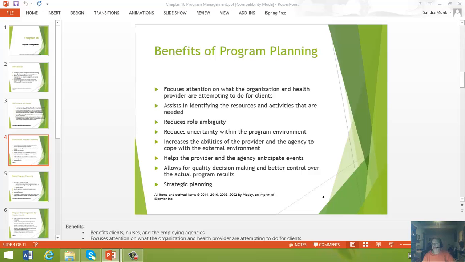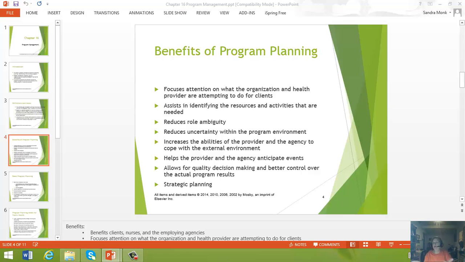It focuses the attention on what the organization and the healthcare providers are attempting to do for clients. It assists in identifying the resources and activities that are needed. It reduces role ambiguity, and it reduces uncertainty about the program environment, and it increases the abilities of the provider and the agency to cope with the external environment.